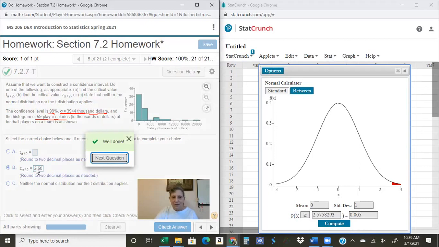And we use the z because it gave the population standard deviation sigma. Keep that in mind. Even though it was not a normal distribution, as long as the sample size is over 30, you go by which standard deviation you're working with.